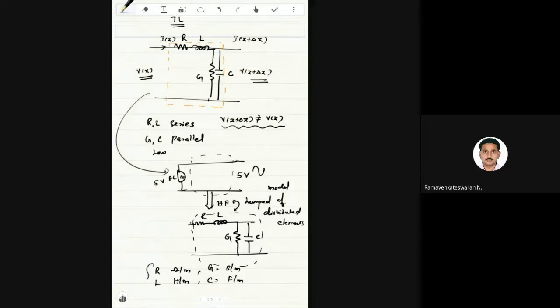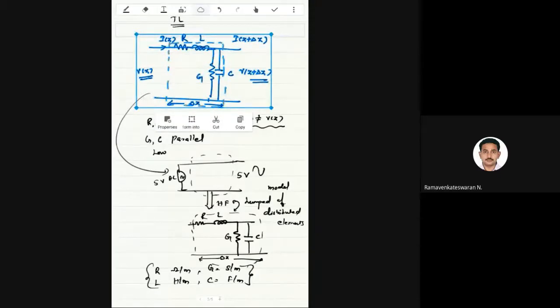All these variables are with respect to the section, because this is only valid for this section, del Z.